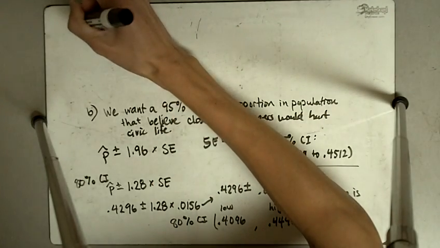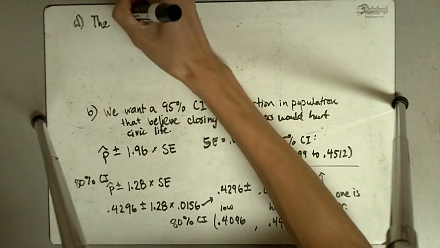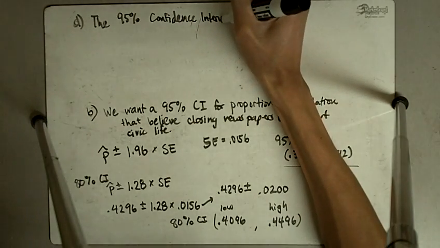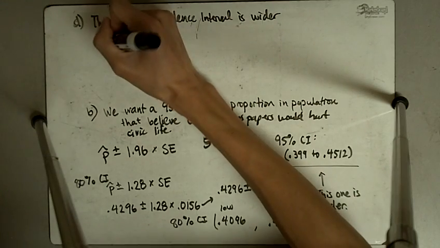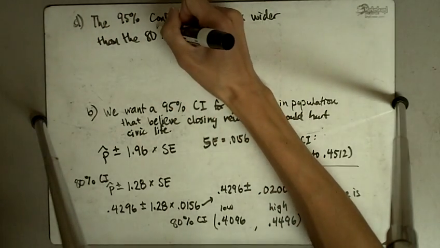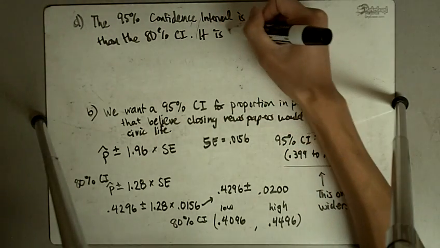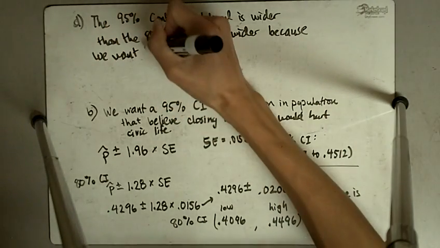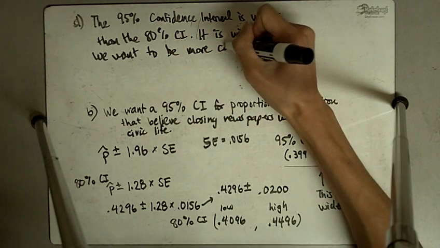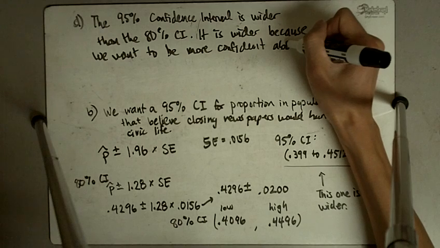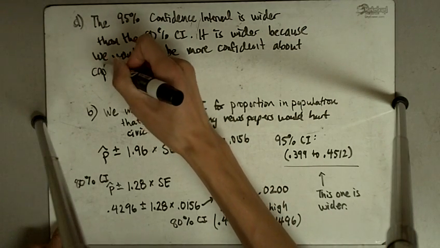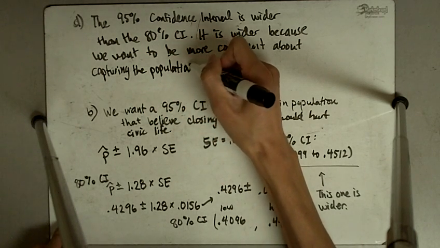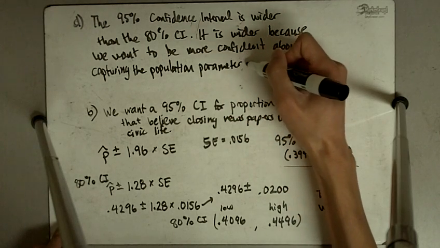Okay, no, part D. The 95% confidence interval is wider about capturing the population parameter p.